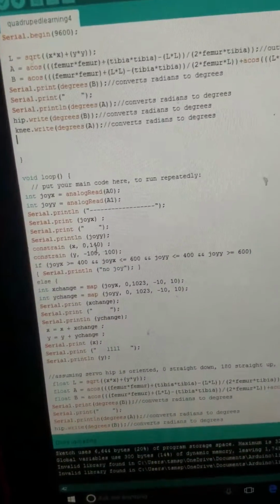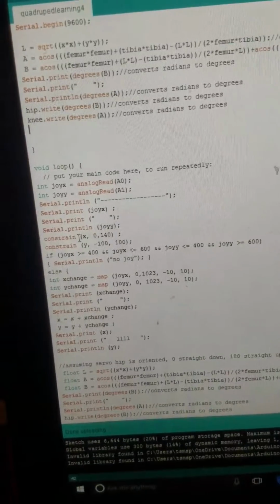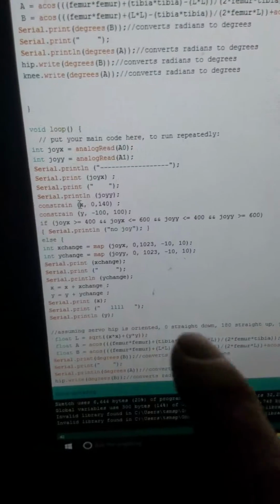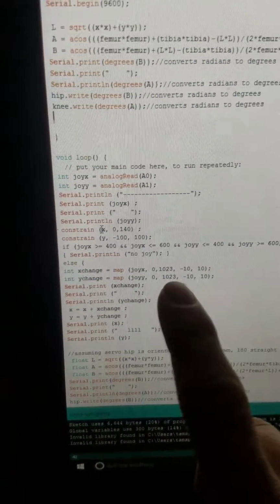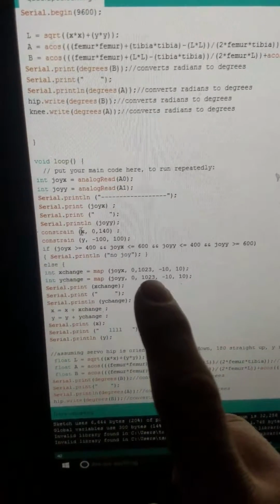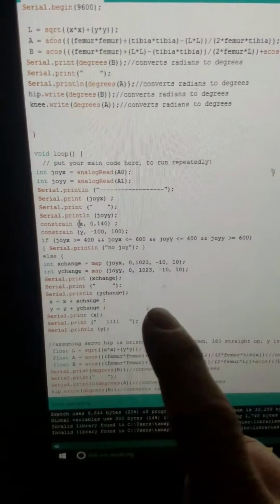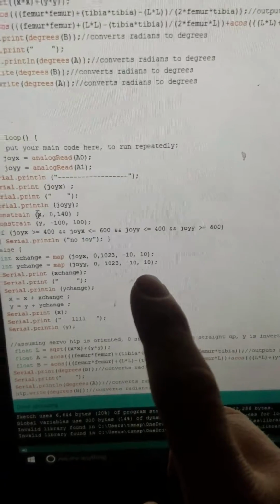Then I'm supposed to be limiting the X and Y coordinates so that it doesn't go too far that way, but instead it does. The computer does, and then it puts the servos at 0, and I don't know why it's doing that. This is the computer. And then here's the joystick possible input readings. 0 to 1023 are the possible readings off of the potentiometer, a 10K potentiometer.